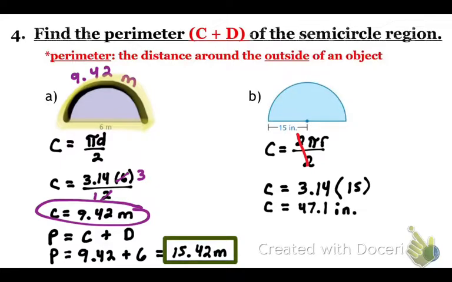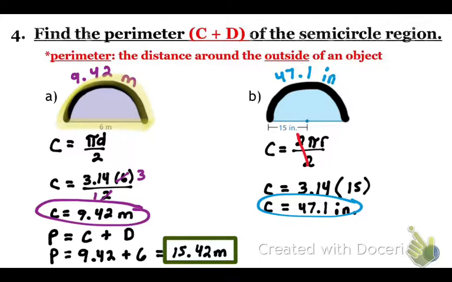Is that my final answer? No. If you remember, what this symbolizes is the outside of that circle. That outside is 47.1. What do I still have to add? You still have to add 15, the circumference and the diameter.